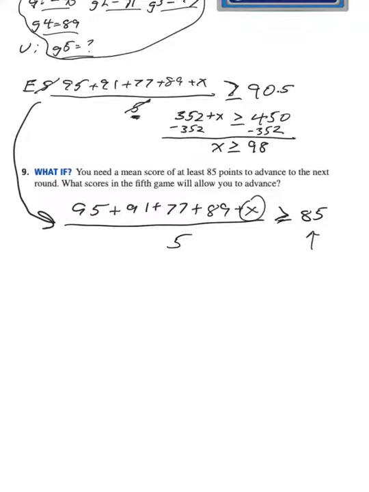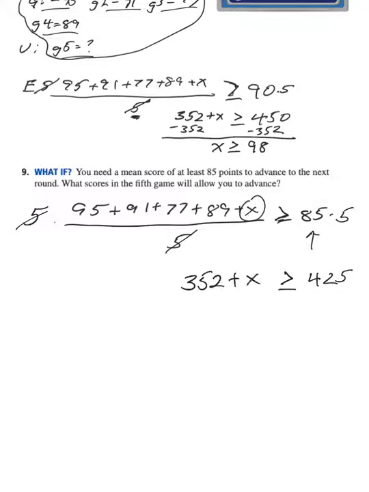So again, I'm going to multiply both sides by 5 to get rid of the 5 here. It's a nice technique. It cancels the 5s, but increases this by, and you take your calculator out, 85 times 5 is going to be 425, and this is still going to be adding up to 352 plus x. Again, you might need your calculator to do that.